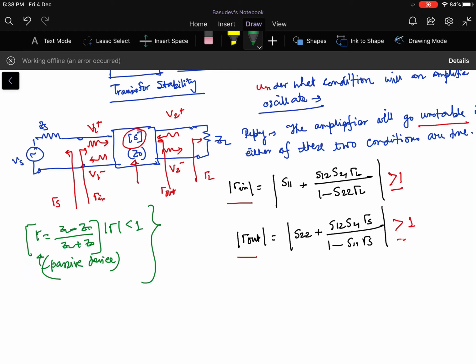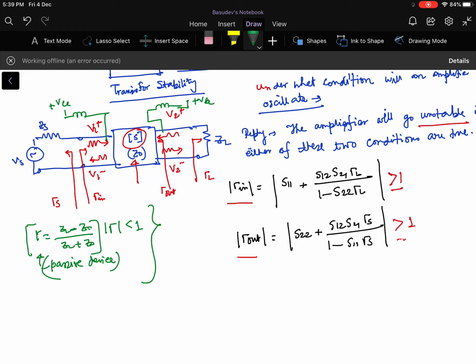Why is it an active device? Because we are using a DC power, isn't it? We are using a DC bias. So suppose this is my transistor, obviously there will be a VCC present, and there will be an RF choke, which I have not yet introduced till now, but it is very much there.